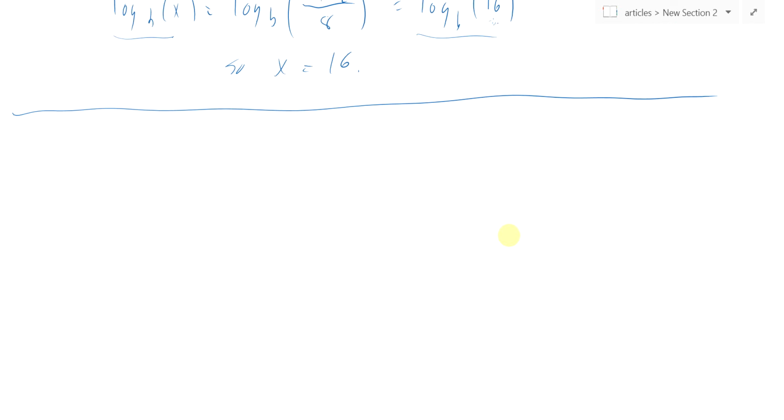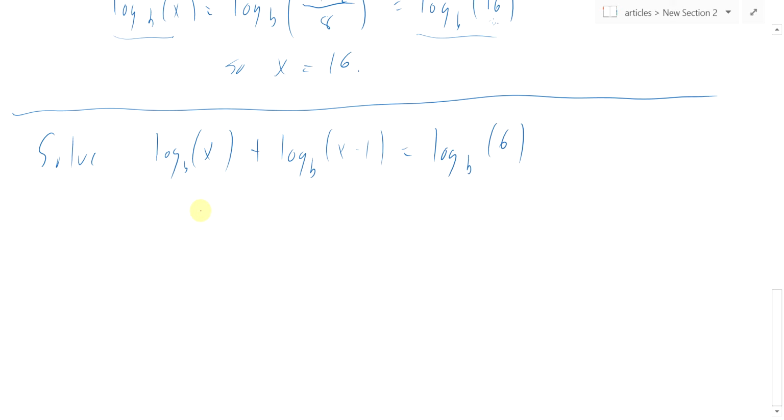Sometimes you get some issues involved. Suppose we want to solve log base b of x plus log base b of x minus 1 equals log base b of 6.